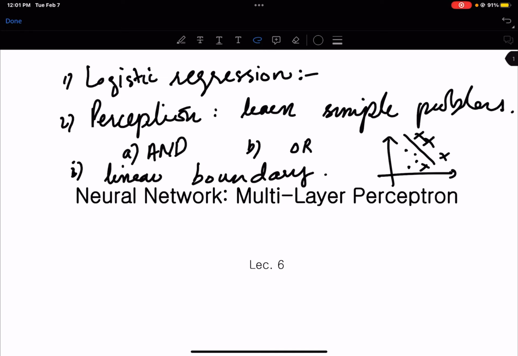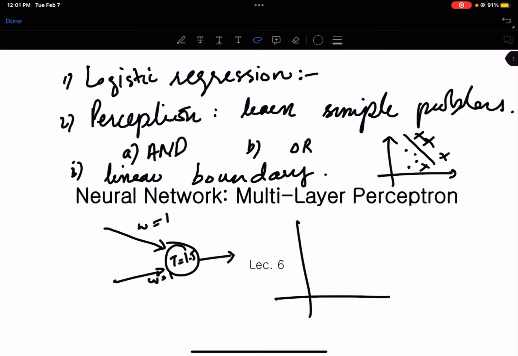For example, in your AND operation, we can define our plane like this.